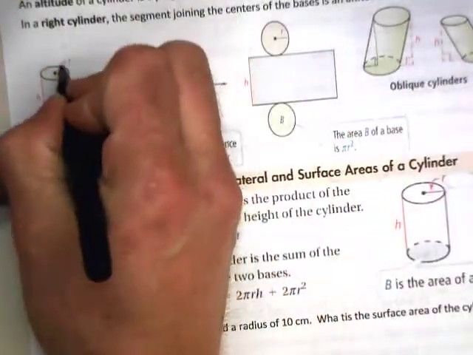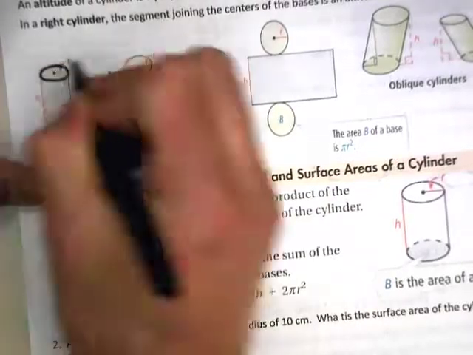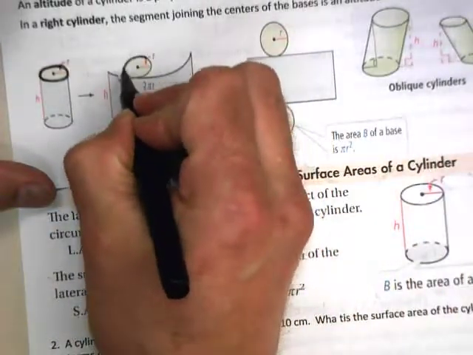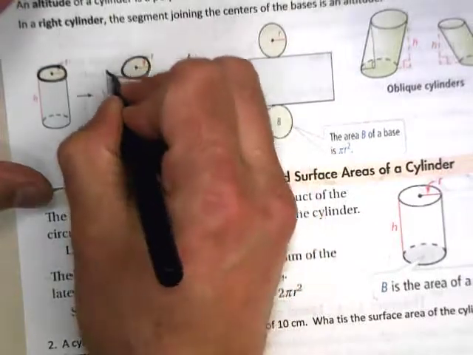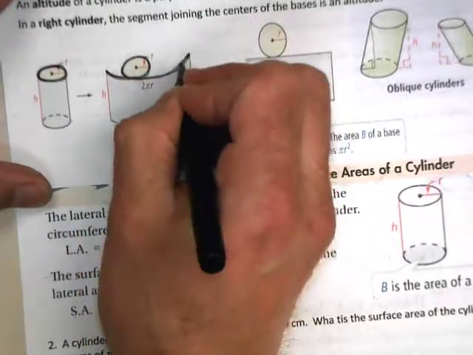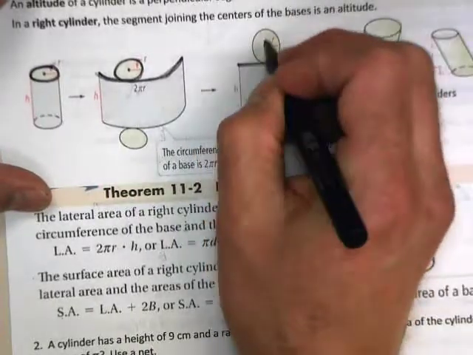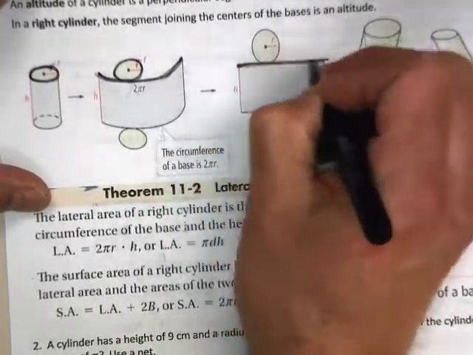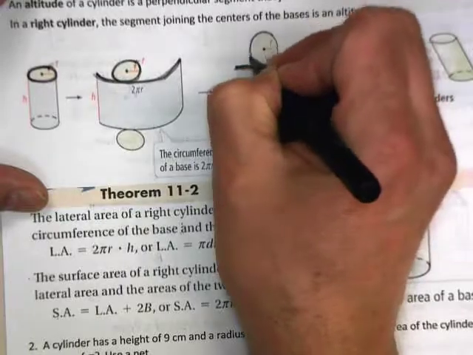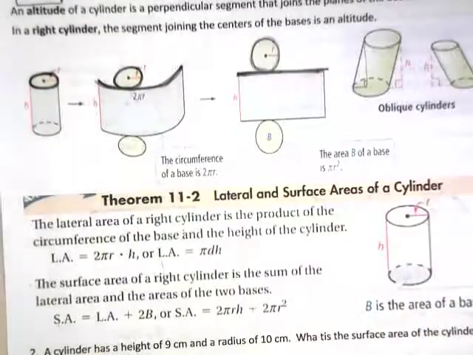Let's make this circumference around here first, and then draw that in on yours, if you would. Hopefully your marker's working better than mine is.